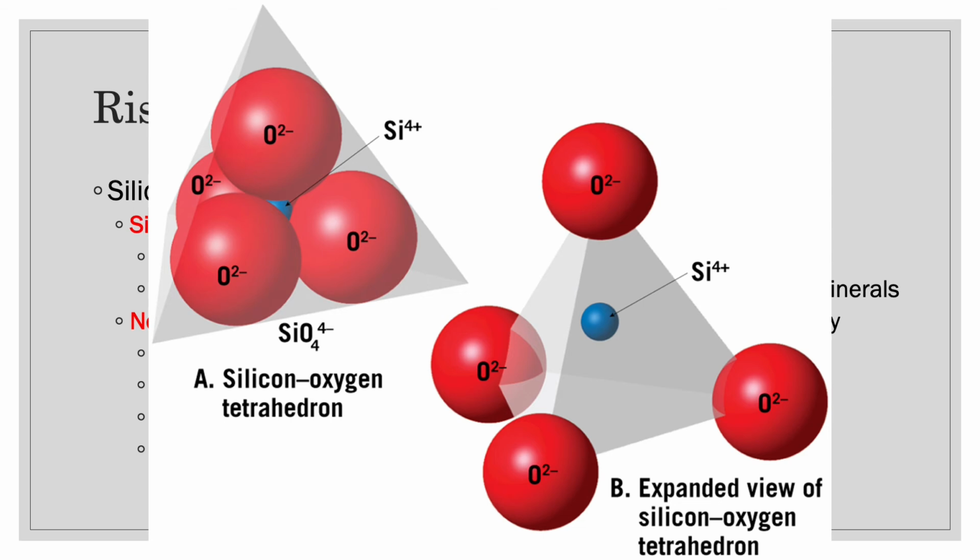This is a diagram of what a silicate is actually built out of. In the diagram on the left, you can see a silicon oxygen tetrahedron. This is actually the most basic building block. It's a compound that has one silicon atom and 4 oxygen atoms.